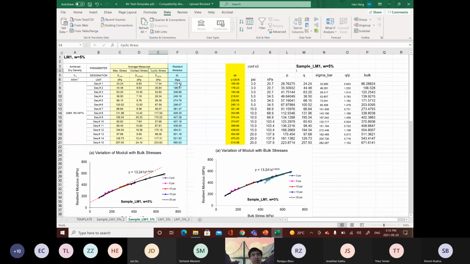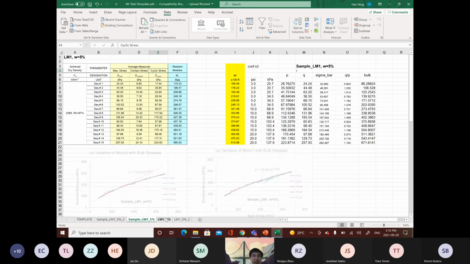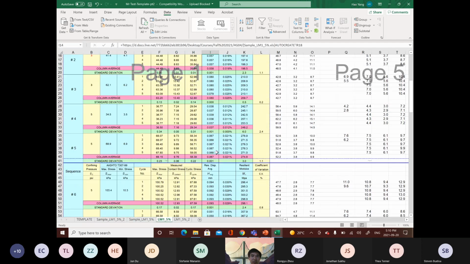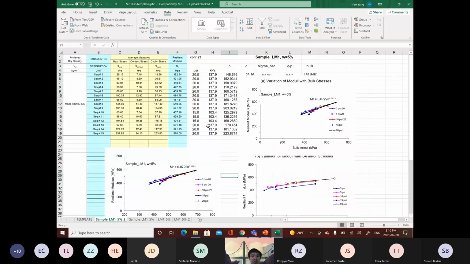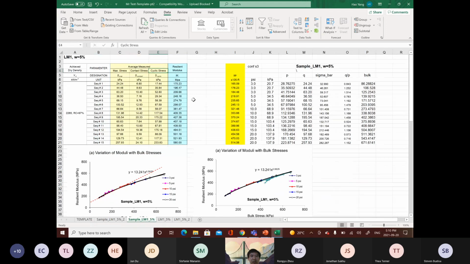You also need to use the displacement, or the strain, that you calculated from the previous sheet to find out the resilient modulus. Find out the resilient modulus, and then you have to draw the figure.